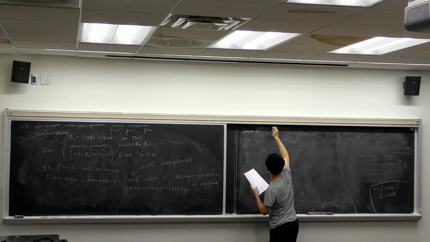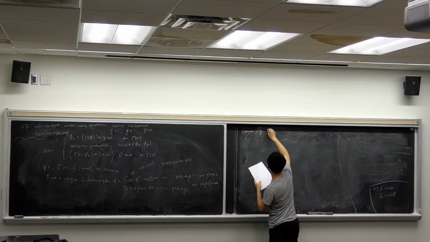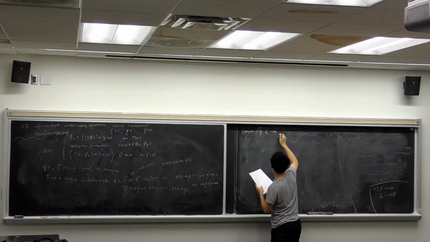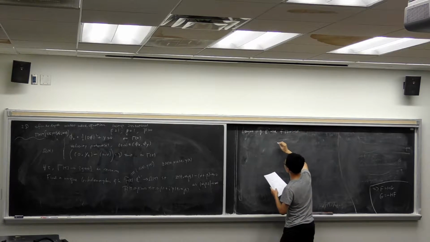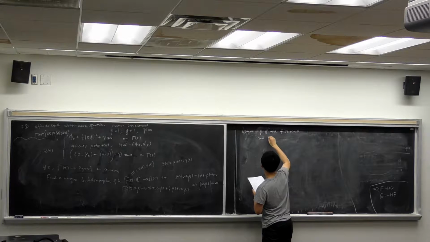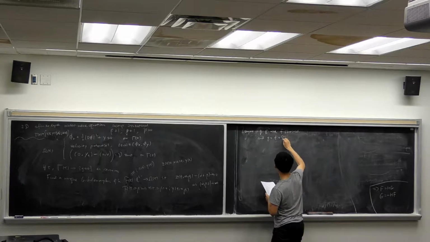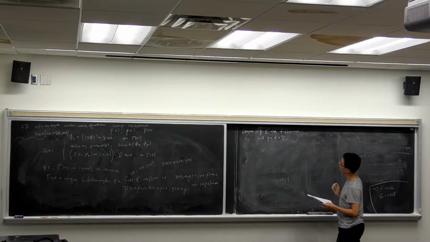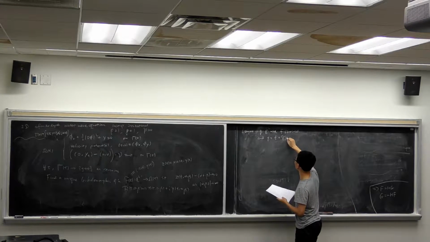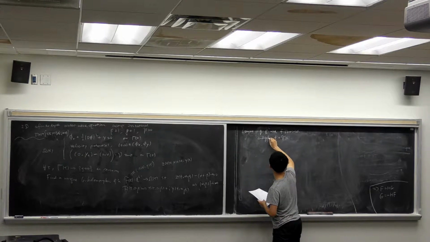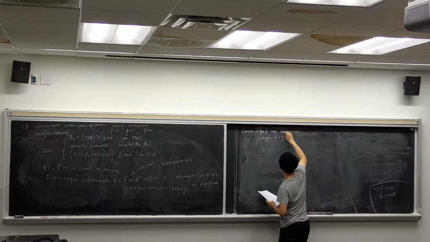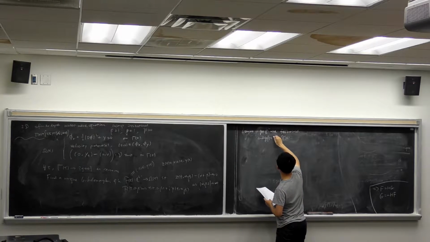G is a function from C minus to R, f is a function from Omega t to R, and g is f composed with curly F of t. So g(t) is f(t), and this is f_t dot.